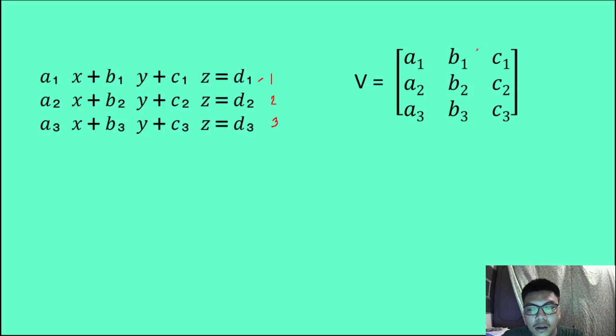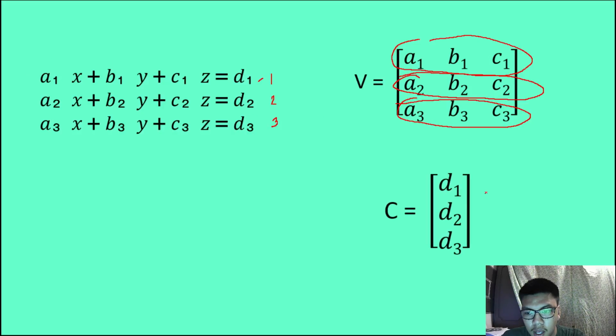Yung ating equation or yung ating coefficients for equation 1, ito, di ba? Sunod-sunod pa rin yung pagkakahay sa kanya, no? Okay? Sana malinaw sa atin yan, ano? Then, meron tayong tinatawag na yung constant matrix. Yun, D1, D2, D3. Ganun ang pagkakahay sa kanya, no?